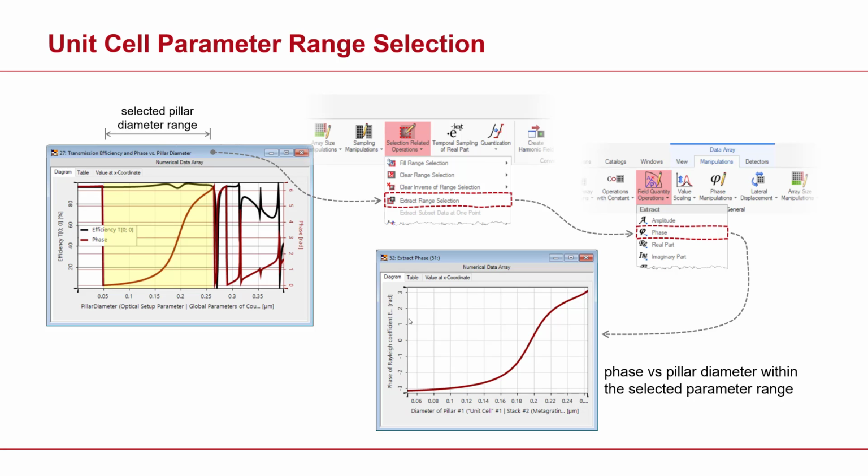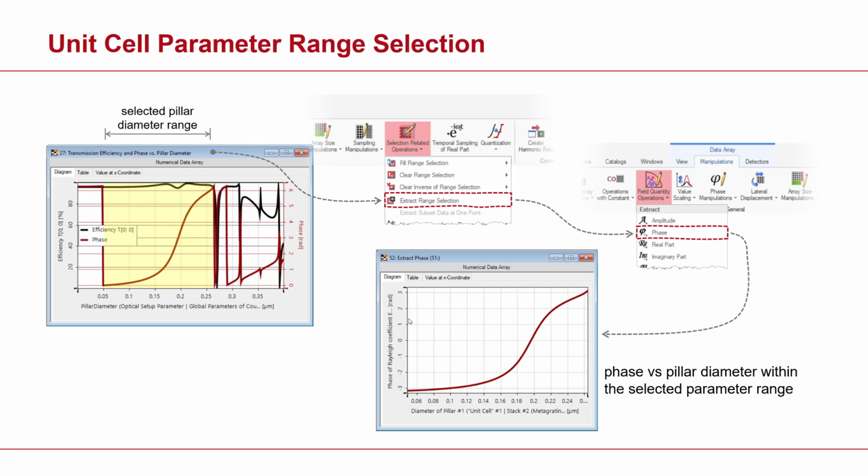We want to focus on a pillar diameter range that provides a phase response that is as smooth, as linear as possible, that also covers the whole 2 pi radian range in terms of the phase. And in terms of the efficiency, we want the efficiency to be as high as possible and as uniform, as constant as possible over that range. Those are the conditions that lead us to select that particular range of pillar diameters here in this graph.